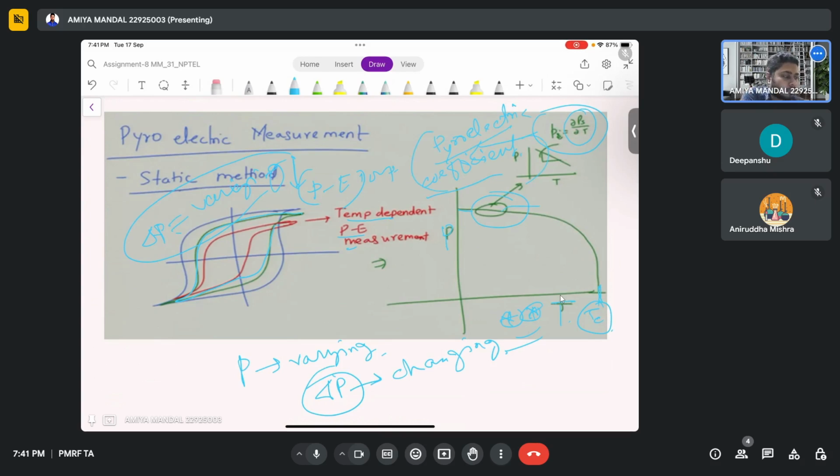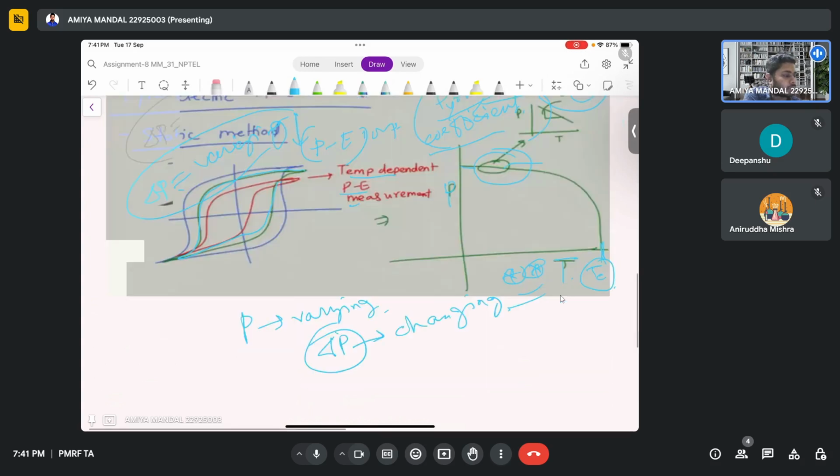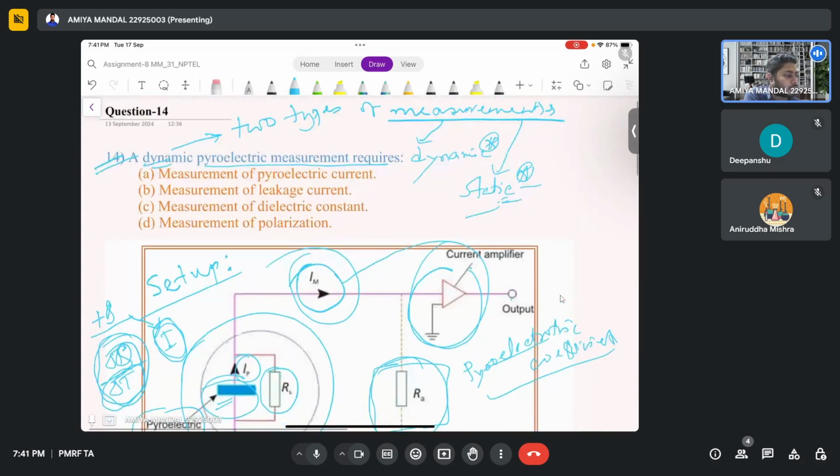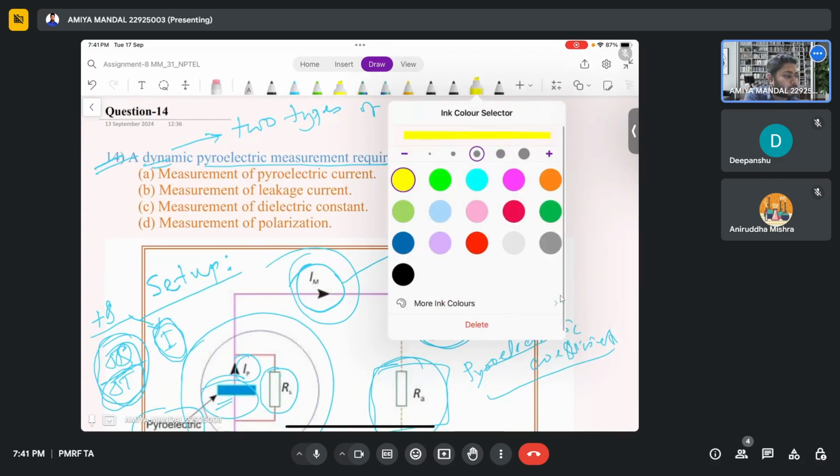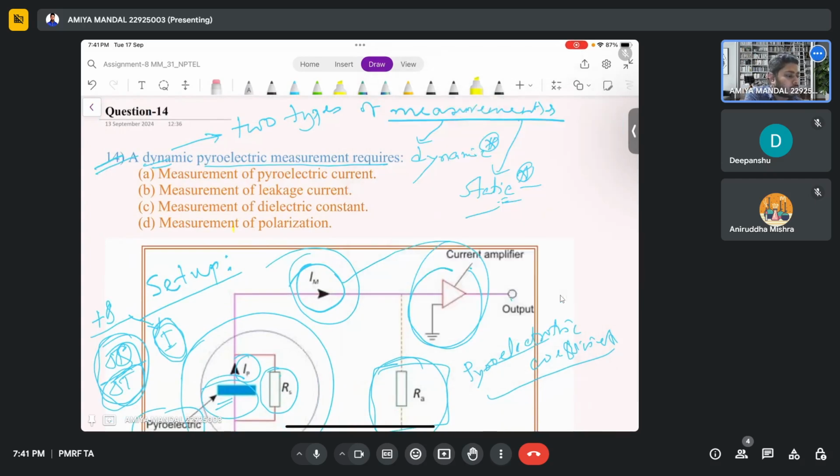Okay. So we can now answer the question: dynamic pyroelectric measurement requires what? Dynamic pyroelectric measurement requires only a pyroelectric current. No leakage current is required, no dielectric constant is required, only measure the pyroelectric current.